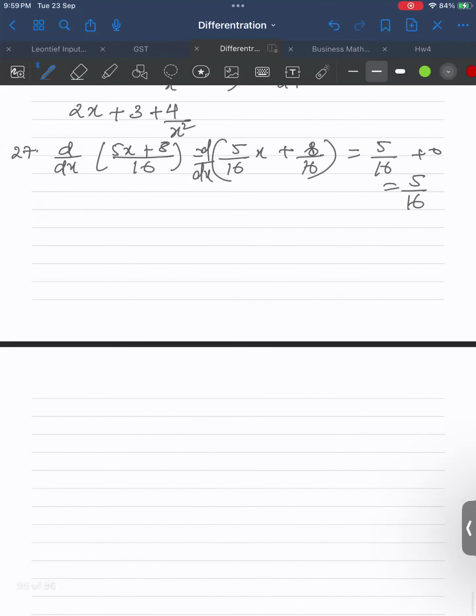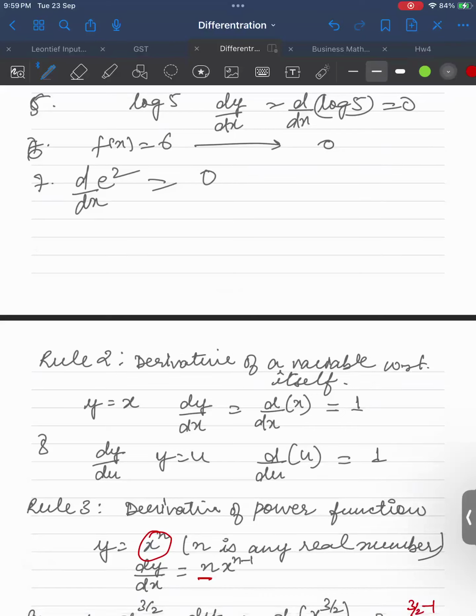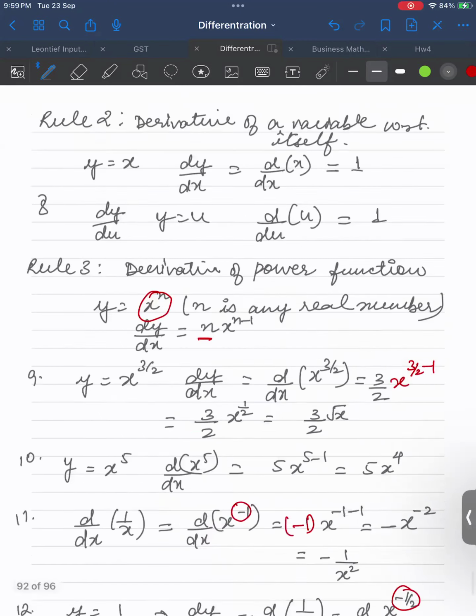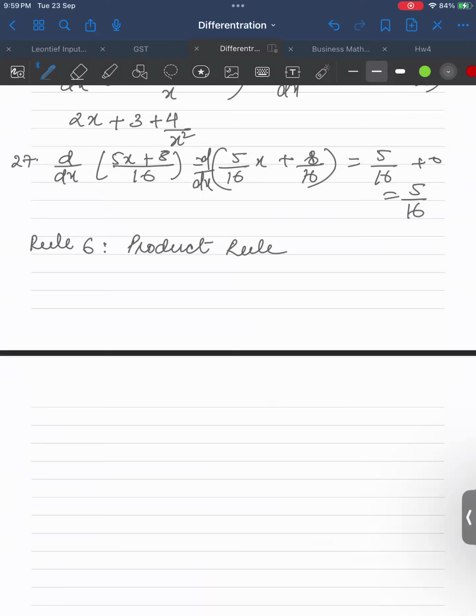जैसे रूल, अभी तक हमने रूल शायद 5 कर लिया, जैसे 6th रूल, प्रोडक्ट रूल। प्रोडक्ट रूल कह रहा है हमारा d/dx if we are differentiating two functions.